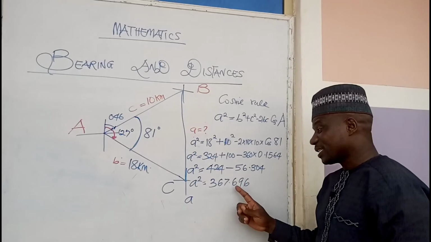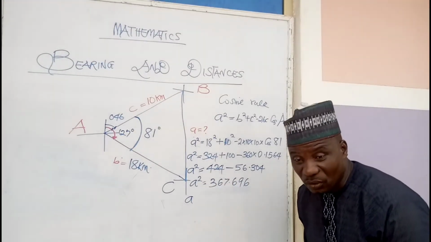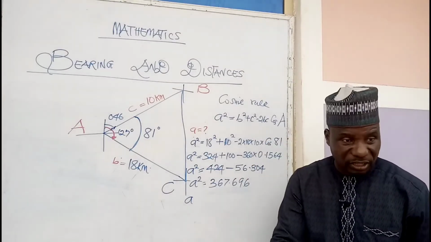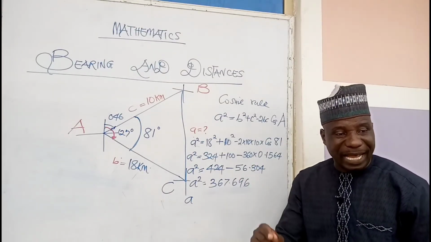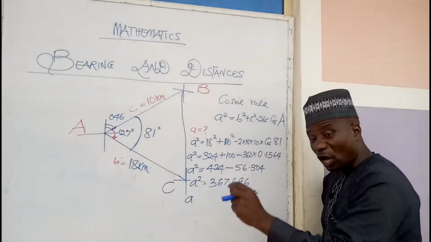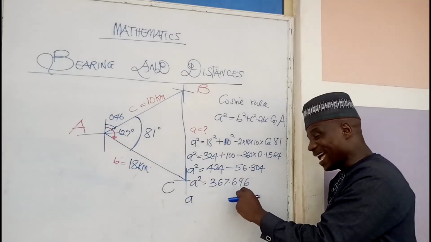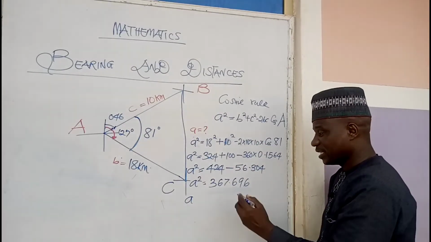Please do not say 367 point six hundred and ninety-six. So the moment you mention point, the numbers, you call them one by one. That is 367.696.